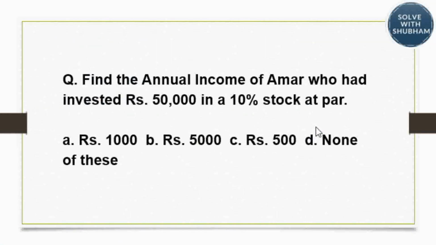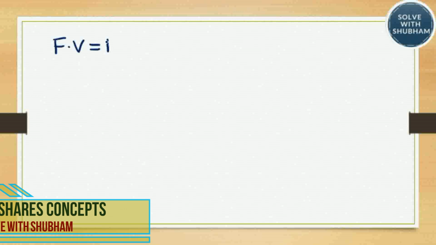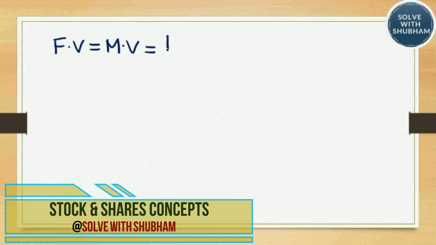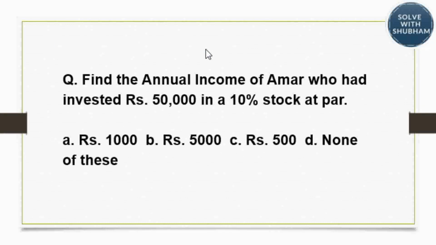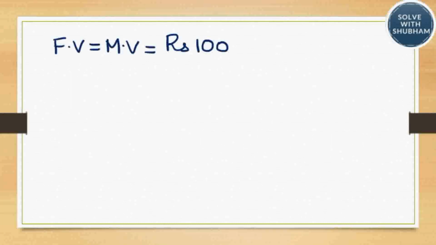Next question. Find the annual income of Amar, who had invested rupees 50,000 in a 10% stock at par. So what does it mean? It clearly means, when you say at par, it means your face value is equal to market value, which is rupees 100. Going back to the question, you have invested 50,000 in 10% stock.